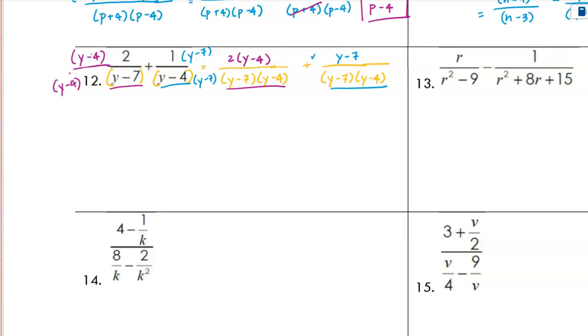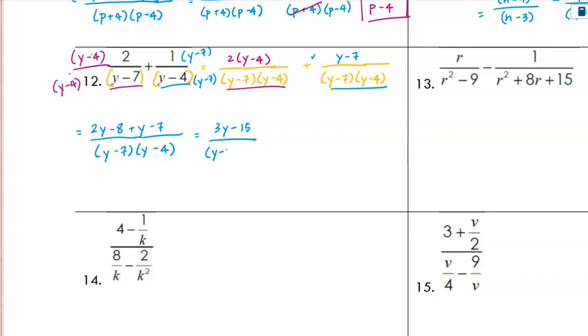Okay, in front, this addition is going to make things a little bit messy. So I'm going to just go ahead and distribute. Plus y minus 7. And we have a y minus 7 and a y minus 4. And so we have 3y minus 15.